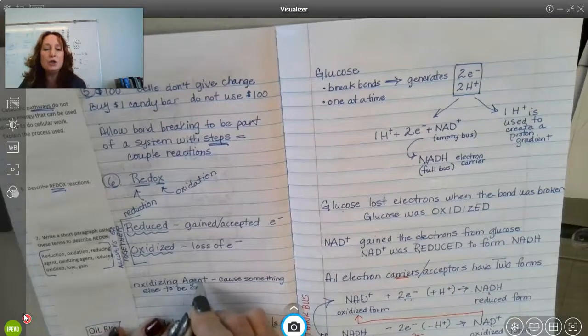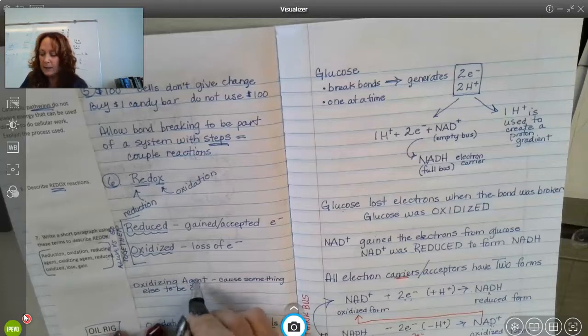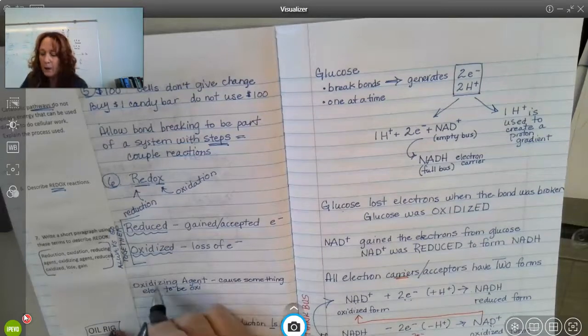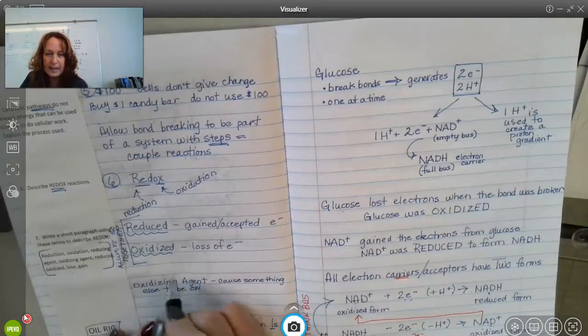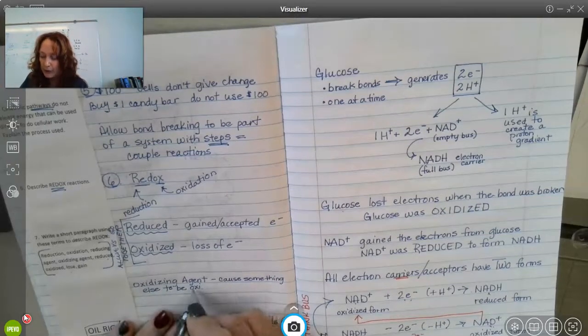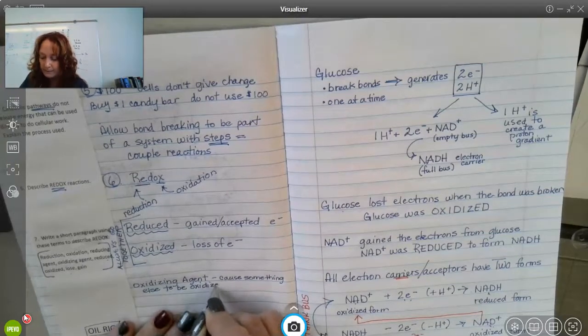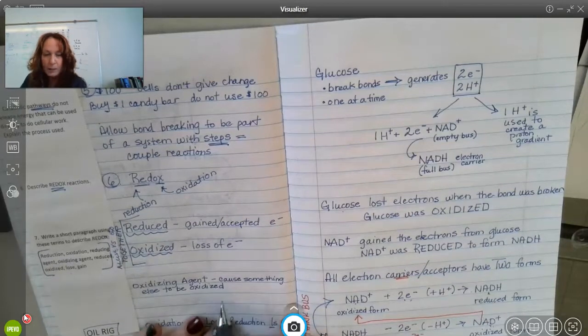An agent is like, seriously, like a secret agent. It's the process of causing this to happen. So this agent causes something else to be oxidized, and it becomes reduced itself.